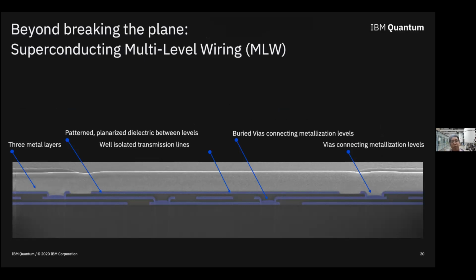But with Eagle, we're starting to use superconducting multi-level wiring, where effectively we have an interposer with an embedded wiring layer, and patterned planarized dielectric between the various levels, which gives well-isolated transmission lines, matched with buried vias that allow for connecting to these metallizations.